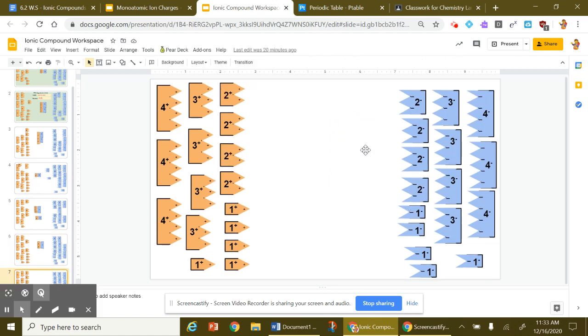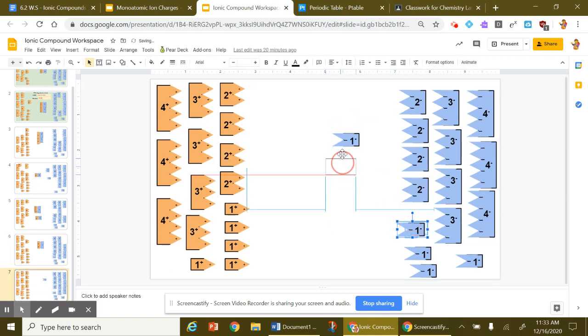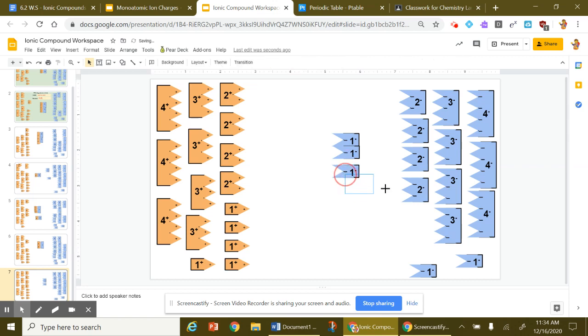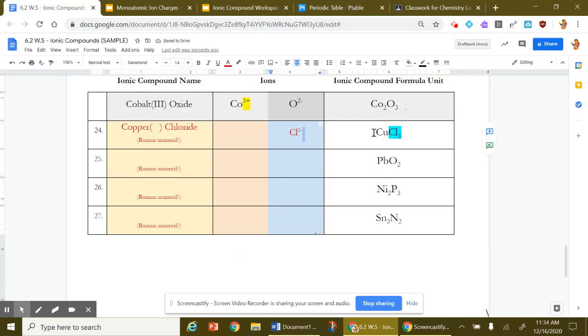There's 1, 2, 3 chlorines here. Okay. So there are 3 chlorines, and there's only one copper here to balance these 3 chlorines.